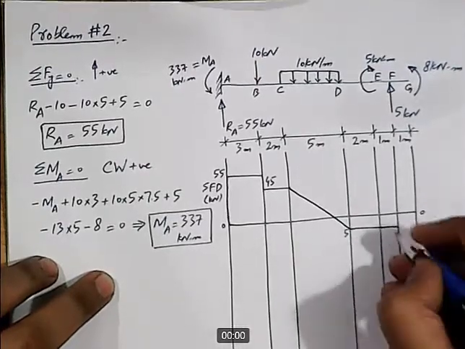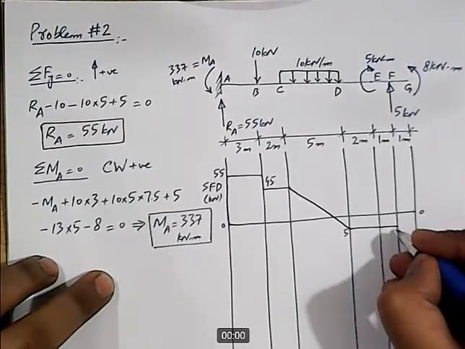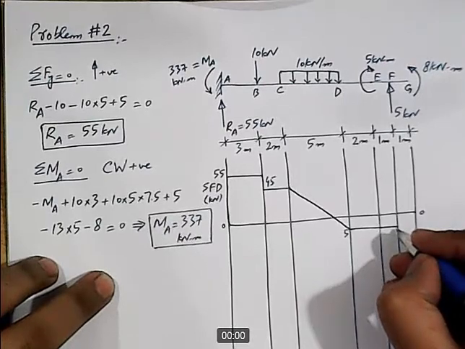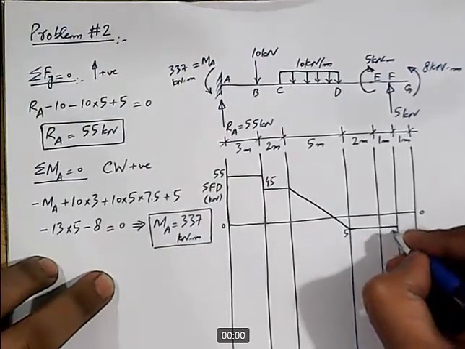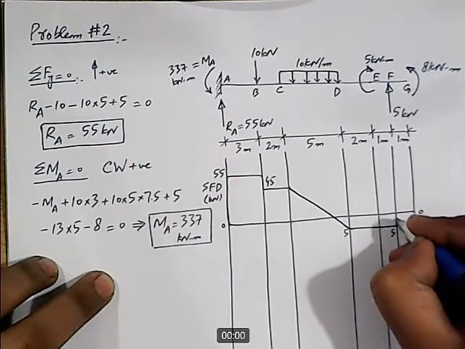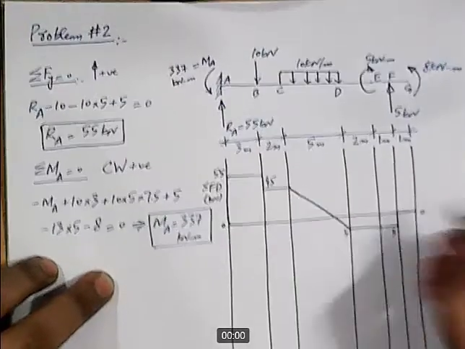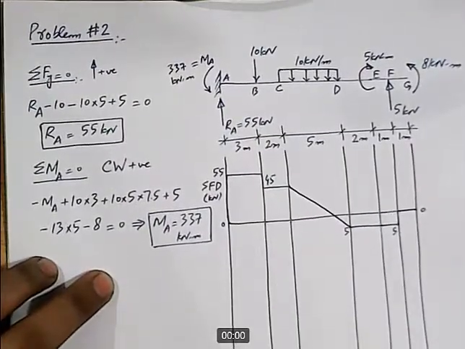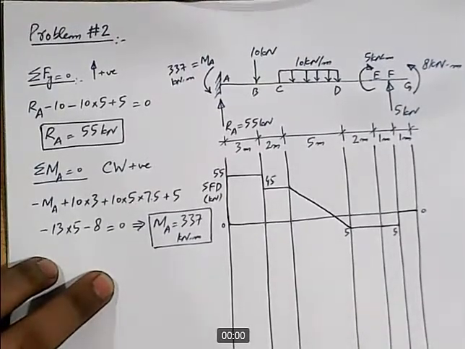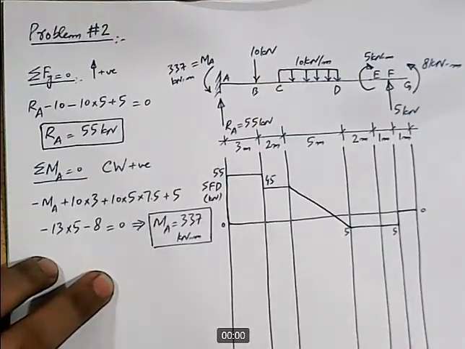And then at point F, we have another point load acting in the upward direction with a magnitude of 5. That will bring it to 0. And from F to G, there is no load acting, so it will remain 0. And at point G, you can see that the shear force value is equal to 0. That closes our shear force diagram.